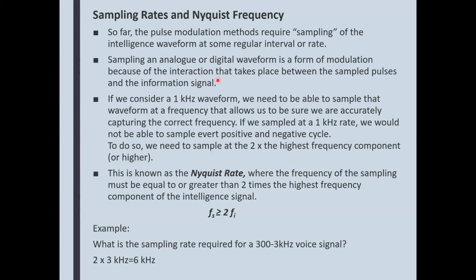If we sampled at a 1 kilohertz rate, we would not be able to sample every positive and negative cycle. To do so, we need to sample at 2 times the highest frequency component or higher.